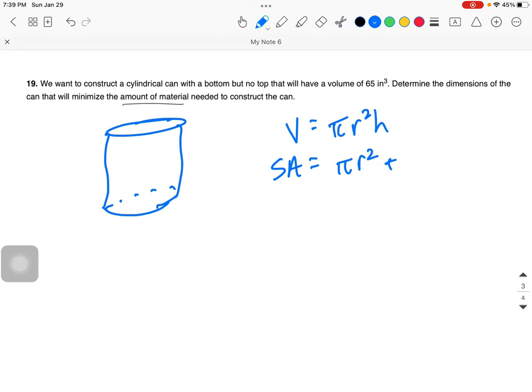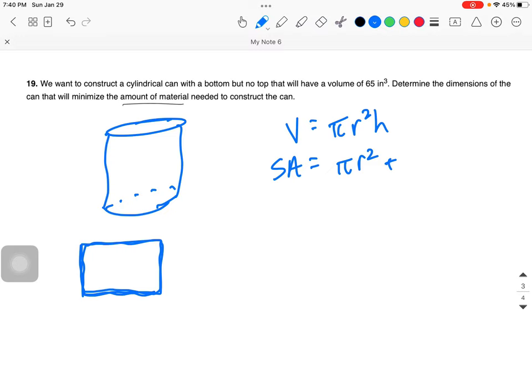And the best way to visualize this is if you take a piece of paper, pick up your homework right now if you want, and you roll it up to form a cylinder, kind of like it would look like a toilet paper roll or something. So it's got no top or no bottom.